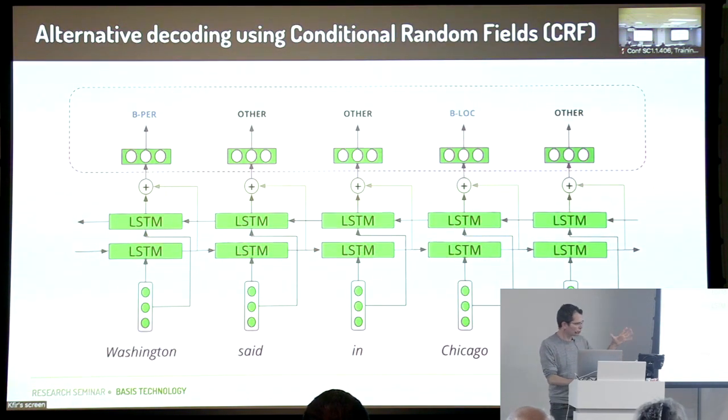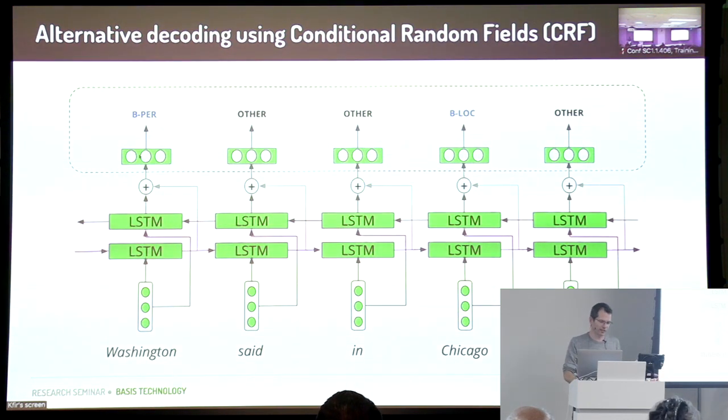Now let's talk about two more things about this network. One is the decoder part right here. We take this probability vector and just pick the one with the maximum probability. We do argmax on this. That's very simple.